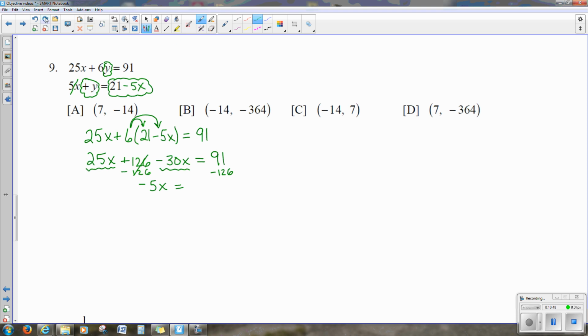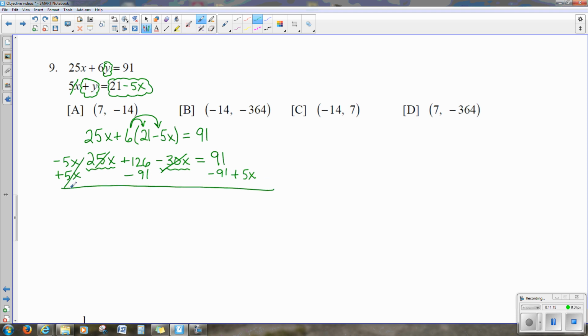Okay, you know what? I'm going to go back, because you can always change your mind when you're working. I realize that 25x and negative 30x give me negative 5x. But I want to add that to the other side, so I can have a positive 5x. I'm going to subtract 91 from both sides. If I do this, I won't have to bother to get out my calculator.